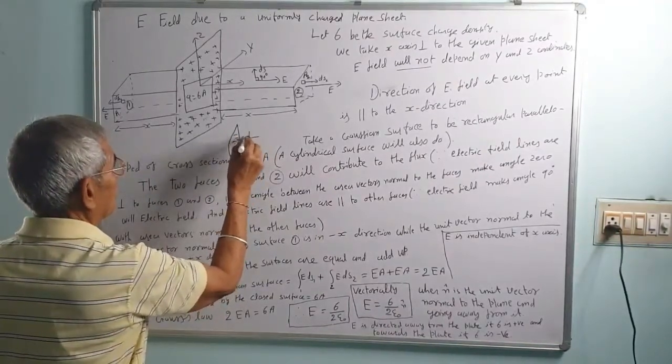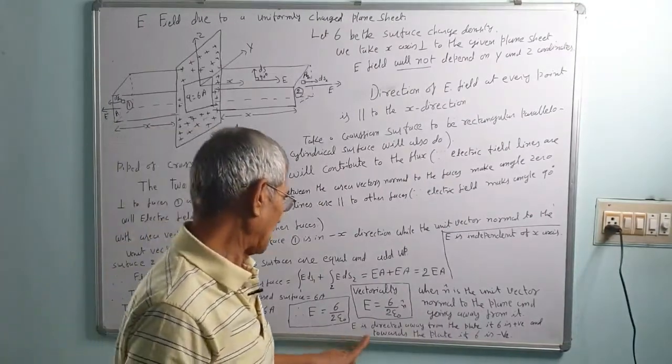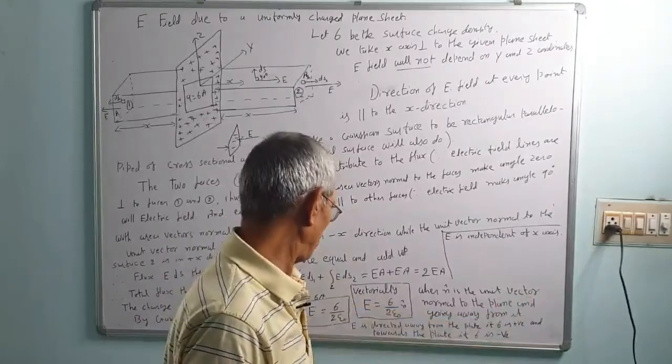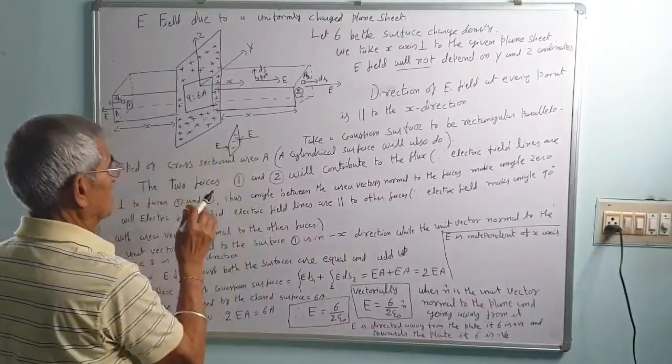E is directed away from the plate if sigma is positive, and if sigma is negative, that is, the plate is negatively charged, then E is directed towards the plate.